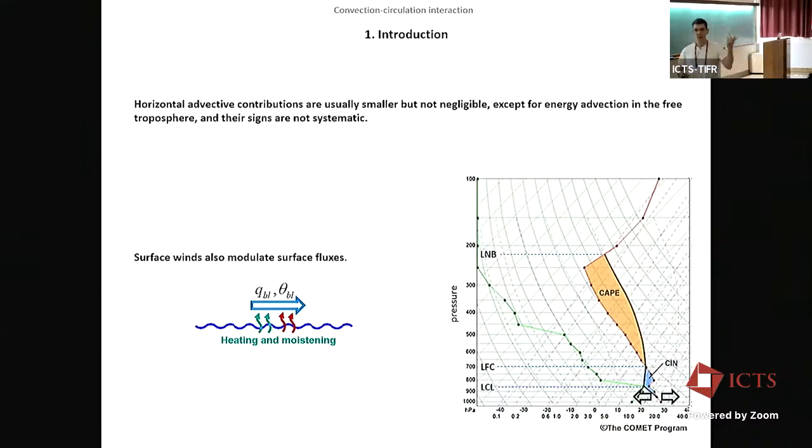So if you have more winds, you have more fluxes at the surface.